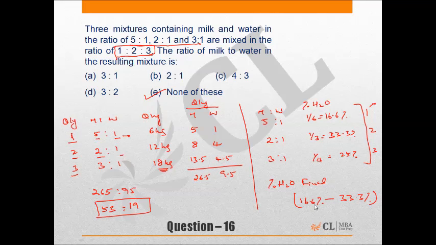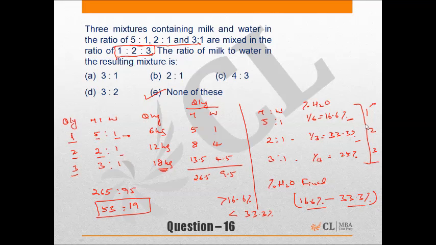It has to lie within this range. It has to be greater than 16.6 and less than 33.3. Why? Because this is the smallest value and this is the highest value. If the answer comes out to be 16.66, that means the other two mixtures are not there in the mixture at all. Similarly, 33 cannot be the answer. So your answer has to be greater than 16.66% for water and less than 33.33%.